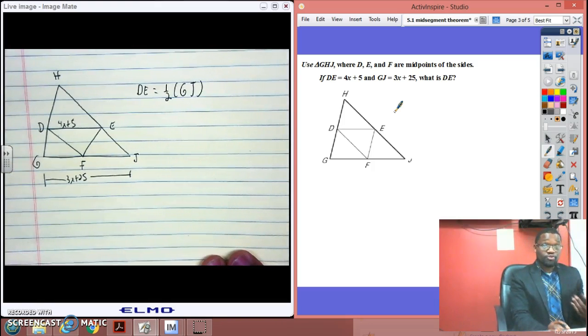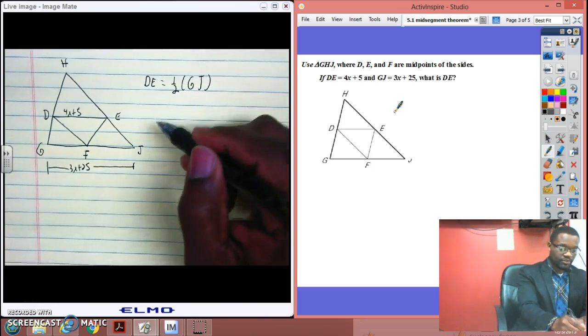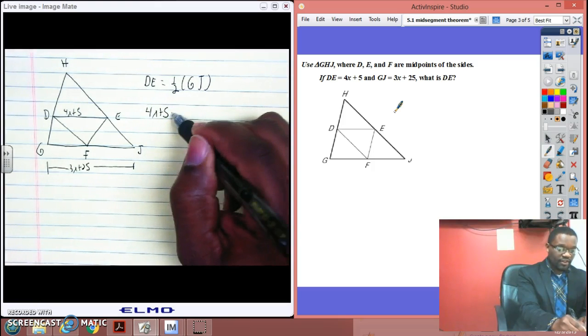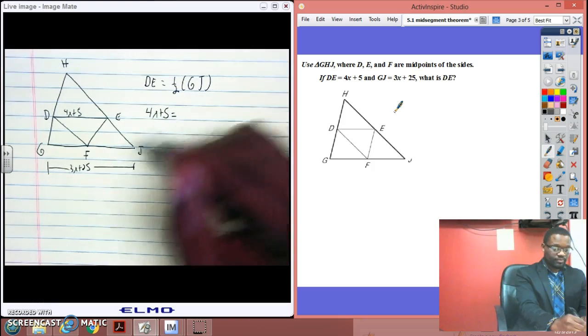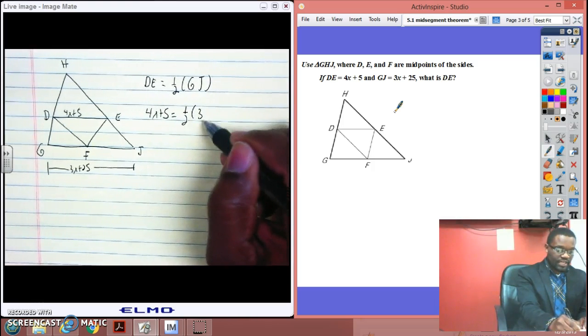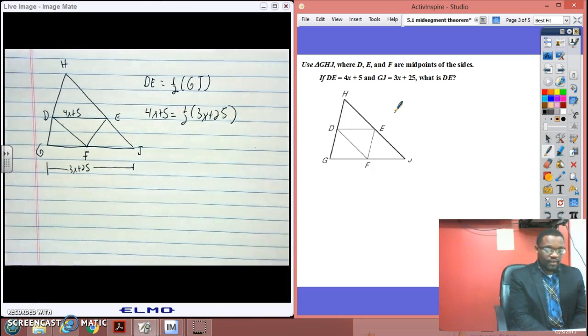So substitute what you know. Hopefully y'all understand how to use this theorem based on these two examples. So what is DE? Well, DE is 4x plus 5. What is GJ? Well, GJ is 3x plus 25. So you see what I did there?